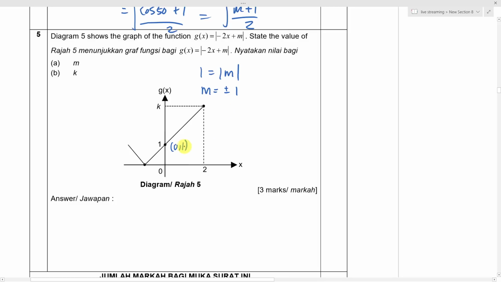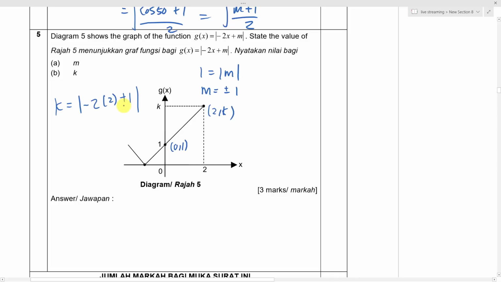Did I get it correct? I plug the 0 into here, (0, 1). Why does it seem so easy? Okay, never mind. So this coordinate is called 2k, right? That means when my g(x) equals k, this will equal negative 2 plus m. Because m can have two values, we will do plus 1 first, and see what happens.